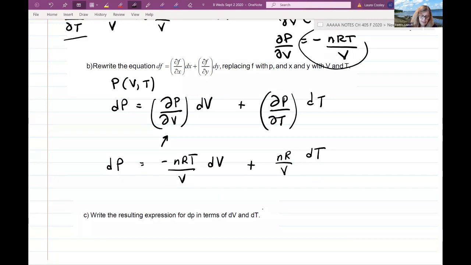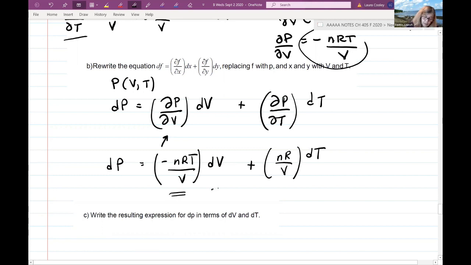But if I didn't know exactly the functional form, but I knew the derivatives with respect to the different variables, I can multiply each derivative by the change in that variable, sum it up over all the variables, and that gives me the change in the function.